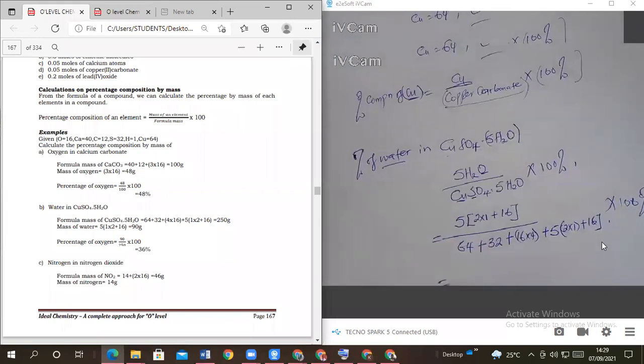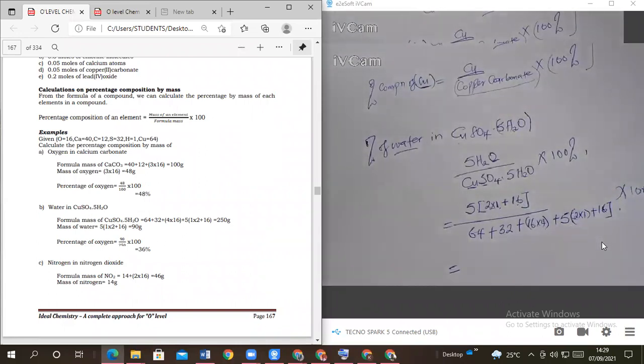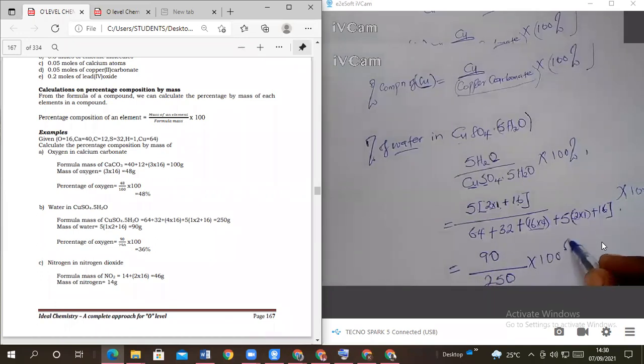So our water is going to be, this is 2 times 1 plus 16, which is 18. 5 times 18, what do you get? It is now 90 over, this is 64. 16 times 4 is 64 plus 32 plus 64, which is 160, plus 90 of the water, you get 250 times 100%.